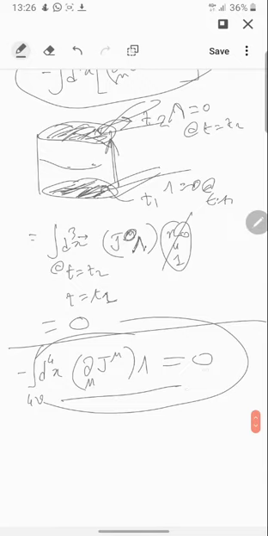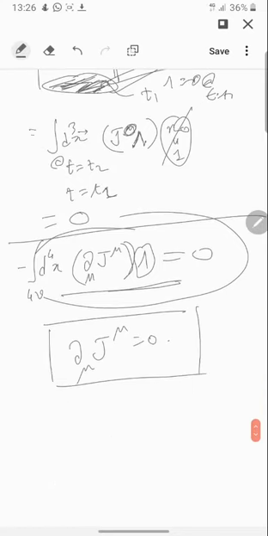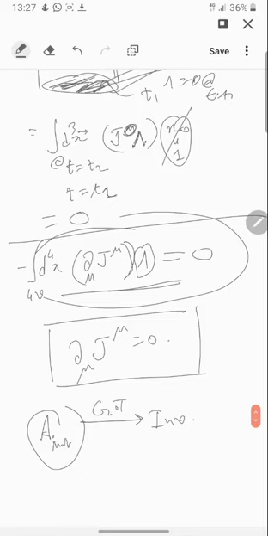How can we do that? We cannot say lambda is 0 all over the space time. So, this can only be 0 if the bracketed part, that is del mu j mu, is equal to 0. If we somehow can impose this condition on the system, then the interaction action, A interaction, under gauge transformation becomes invariant. You should understand the point right now. We had the earlier interaction action, we plugged in the gauge transformation and saw that it gives back the old interaction action and an extra part.